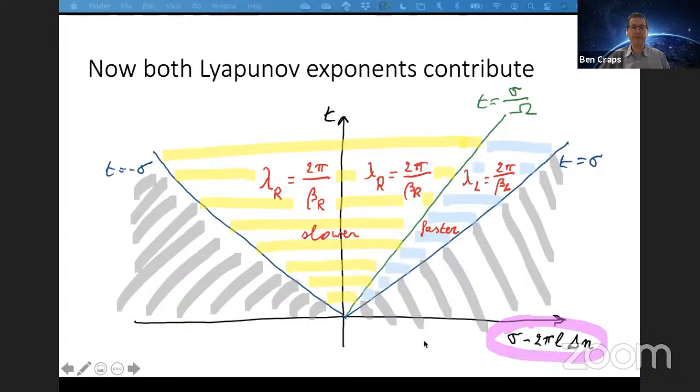So for a given sigma, there will be an infinite number of sigma minus delta n L's, which will all contribute.